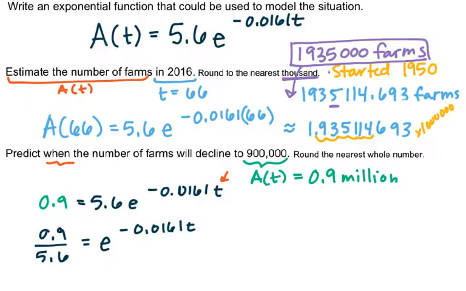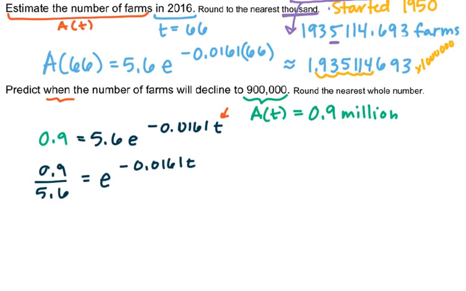0.9 over 5.6 simplifies to the fraction 9/56. So I have 9 over 56 equals e to the negative 0.0161 t.